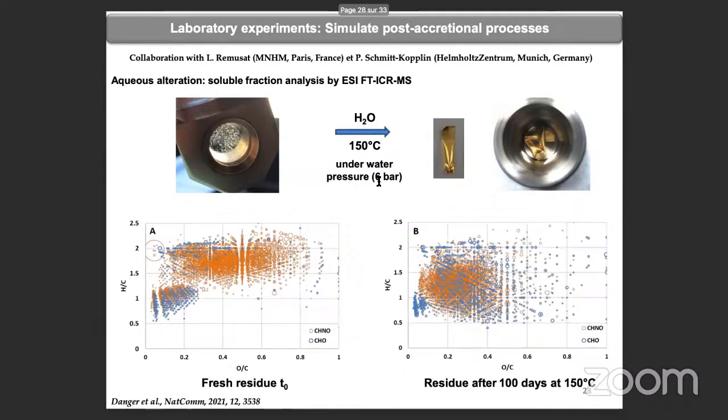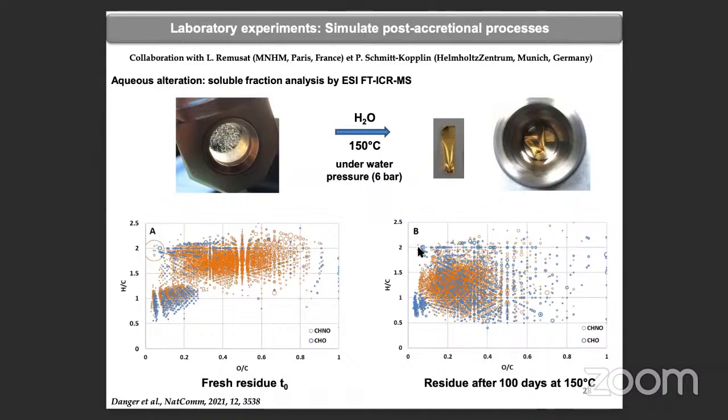At the left you have before and at the right after the alteration. You can see that we have a transformation of the molecules. Here we start from tens of thousands of different molecules that have the same molecular diversity after the alteration. But you can see that we have a transformation. We lose oxygen and we decrease in H/C ratio.